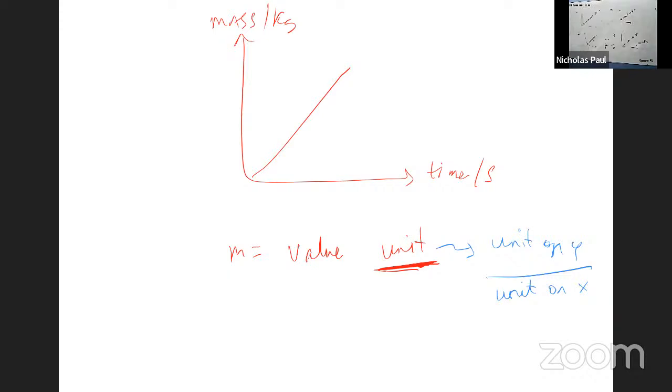So in our example it is kg per second. Kilograms on the y-axis, seconds on the x-axis.